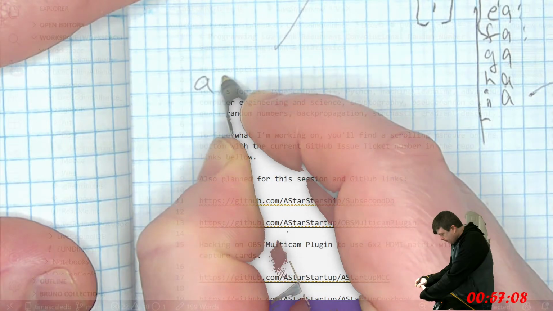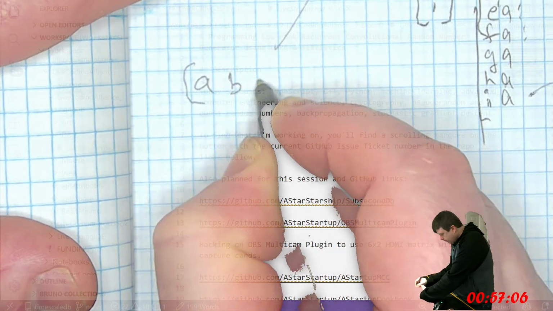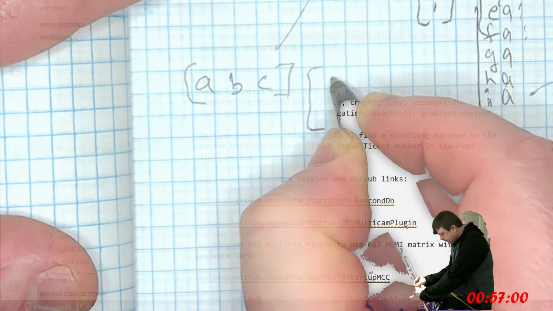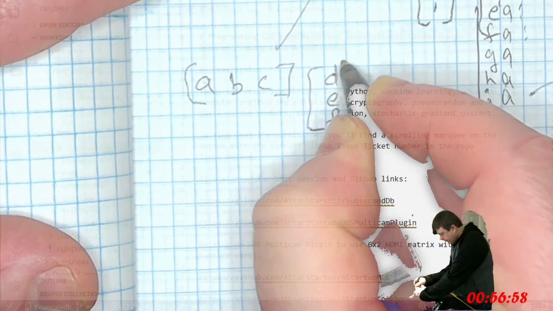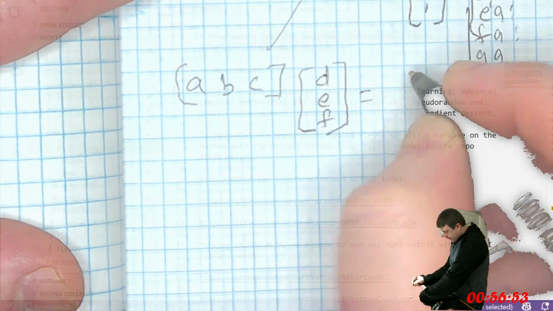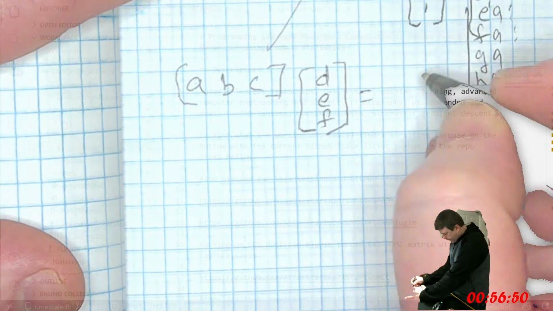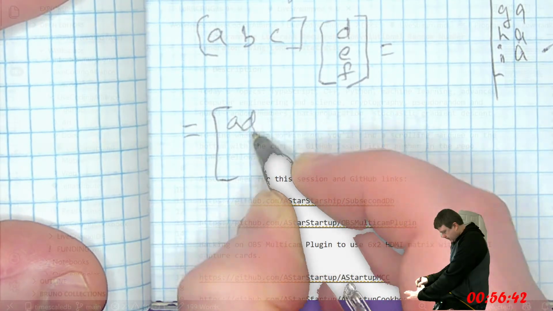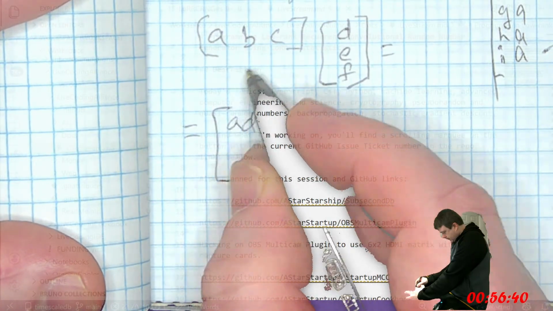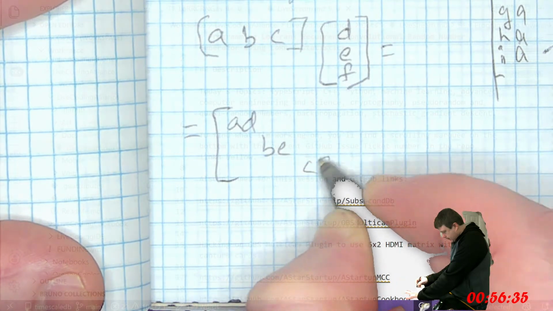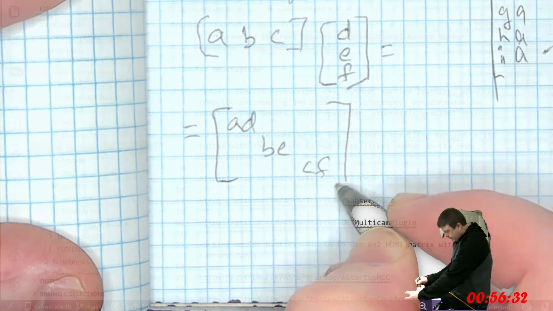I'm going to do A, B, C, and then we're going to do transpose D, E, F. This results in a 3x3 matrix where it's A, D, and then we got B, E, and C, F up in the diagonal.